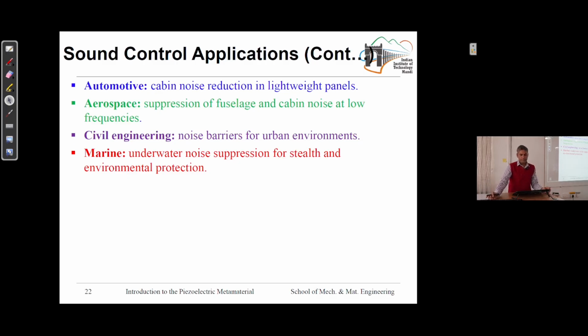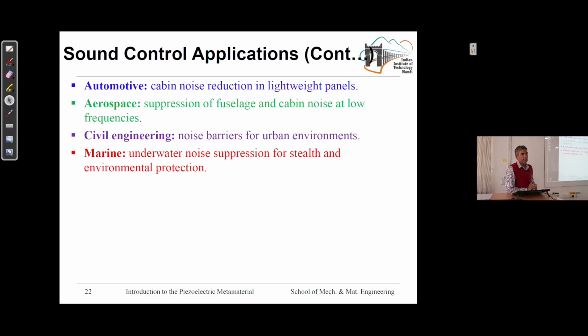See, traditionally piezoelectric materials are used to control or suppress vibrations for thin structures. But recent applications are showing that they can be used for thicker structures as well, of course with piezoelectric metamaterial.